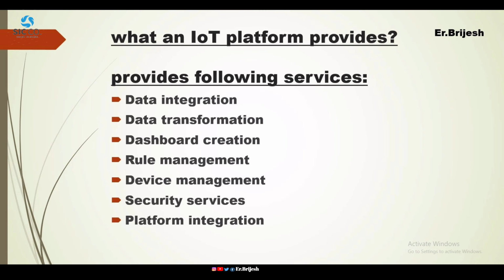Now the question arises: what does an IoT platform provide, and why are we using it? The services are data integration, data transformation, dashboard creation, rule management, device management, security services, and platform integration. Everything that we transfer through the internet from one device to another will be handled with the help of the IoT platform. It acts as a mediator.